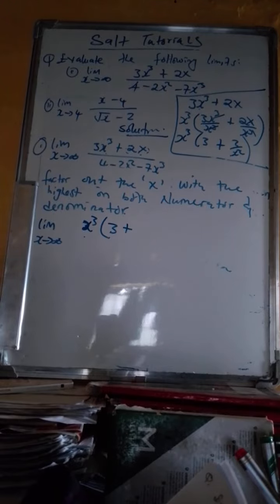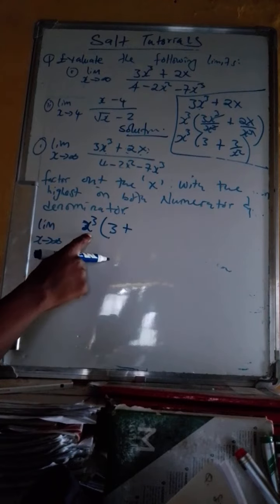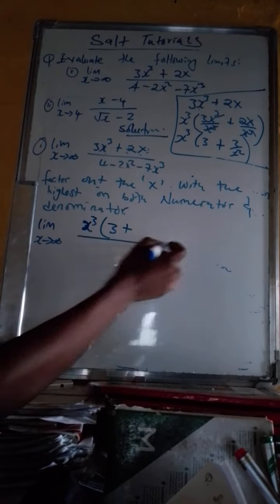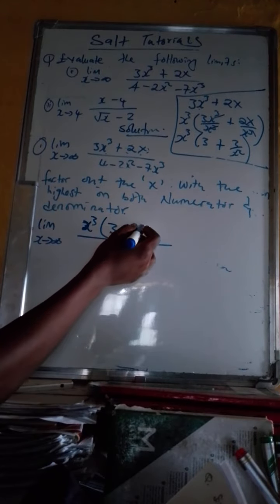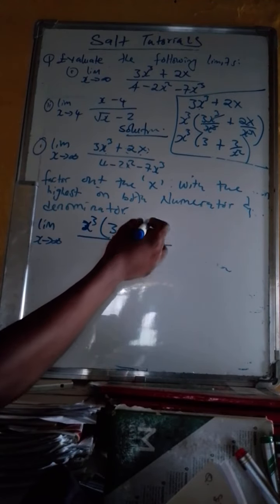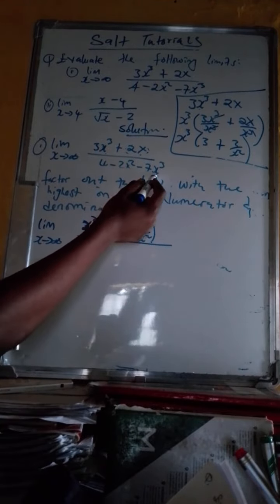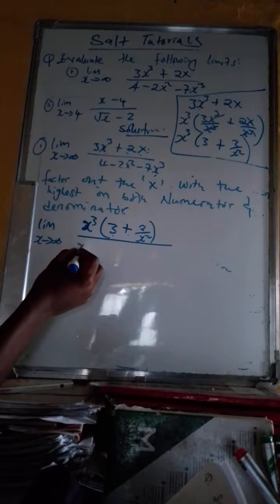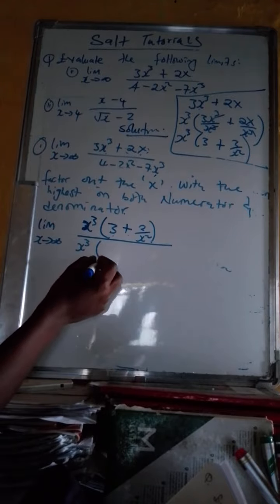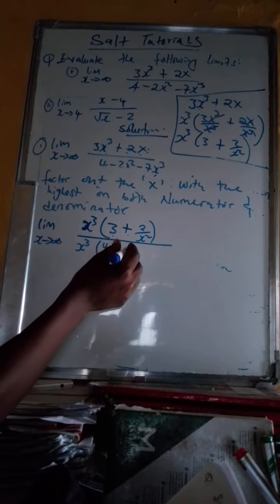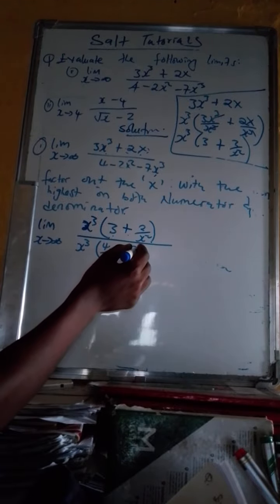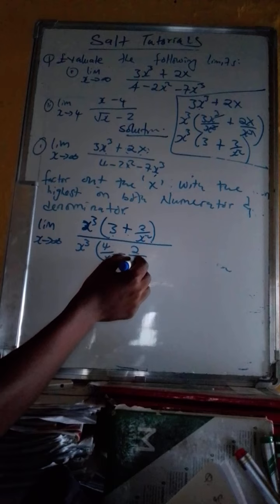We are okay? So the same is happening here. If I factor out x power 3, I'm going to remain with 3 plus 2 over x squared, closed. In the denominator here, x power 3 again is the highest power. So x power 3 will be factored out, open bracket, every term divided by x power 3: minus 2 over x.